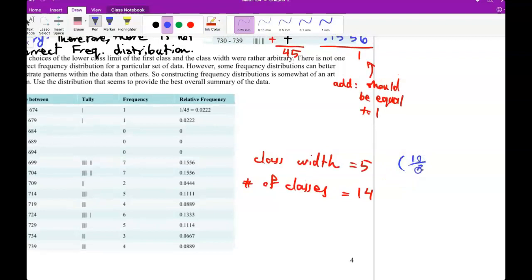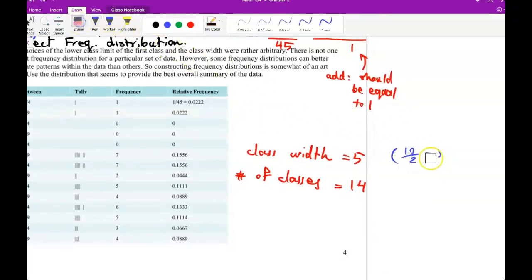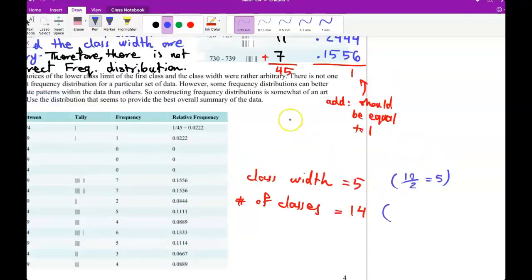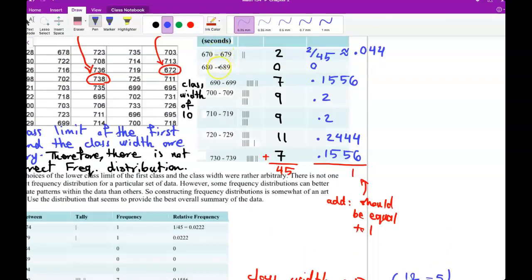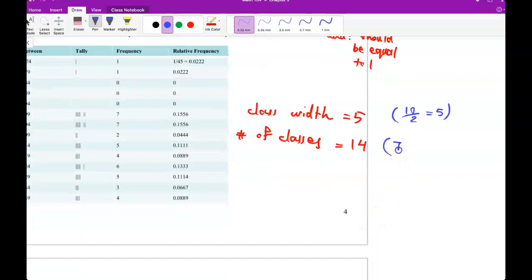That was divided by 2, and we got 5. Since I divided by 2, now the number of classes, 1, 2, 3, 4, 5, 6, 7, so 7 multiplied by exactly the same number that we divided by, is 14 classes.